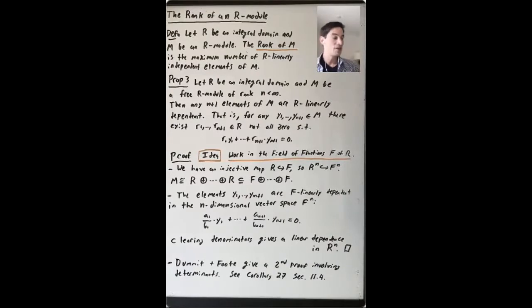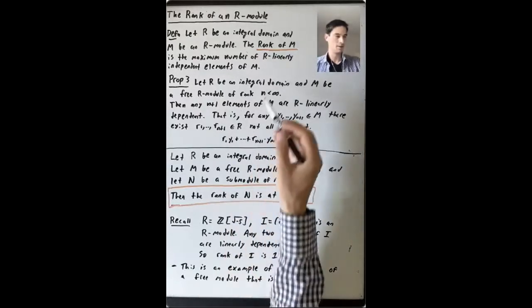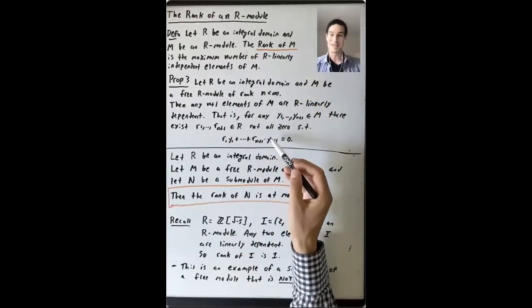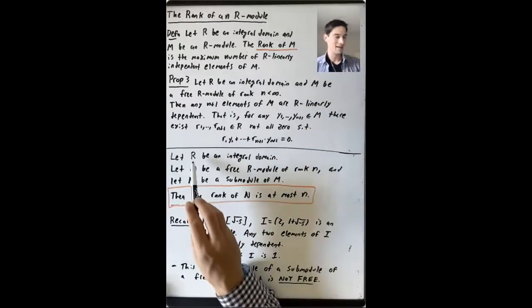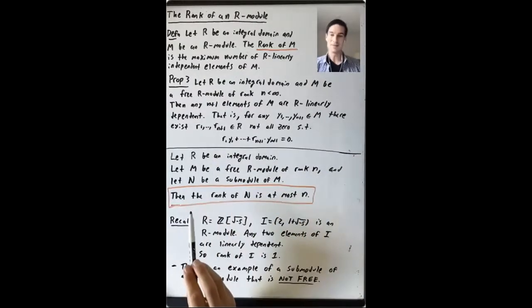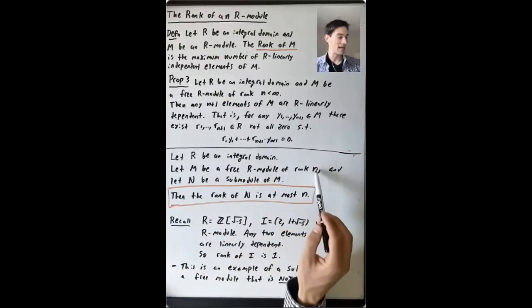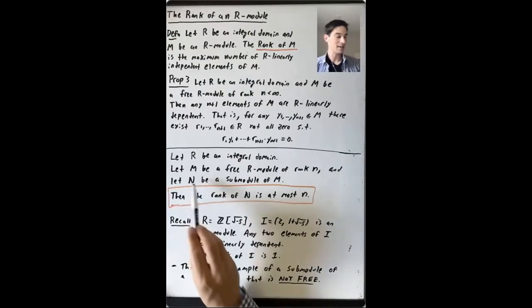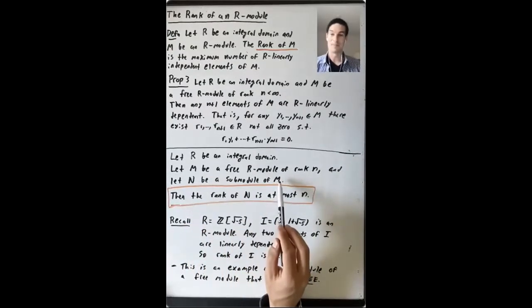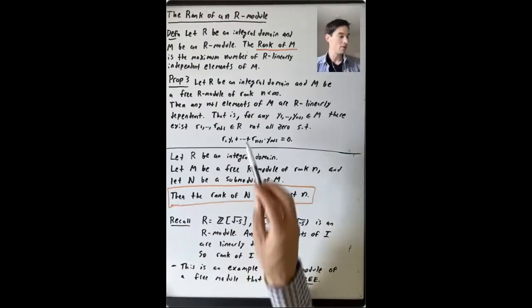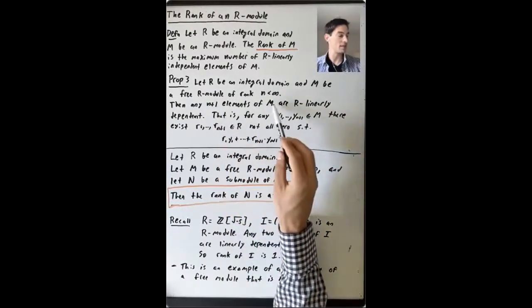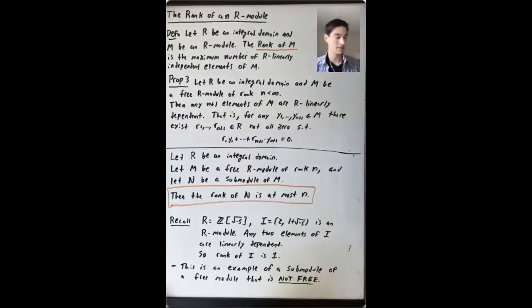not just about the rank of the free module M, but the rank of submodules of M. Keeping proposition 3 in mind, let's say that R is an integral domain, M is a free R module of rank n, and N is a submodule of M. So what do we know about M? We know that any n plus 1 elements of M are linearly dependent.